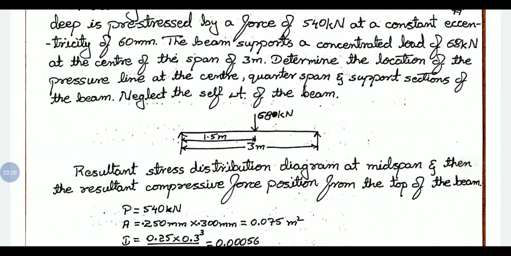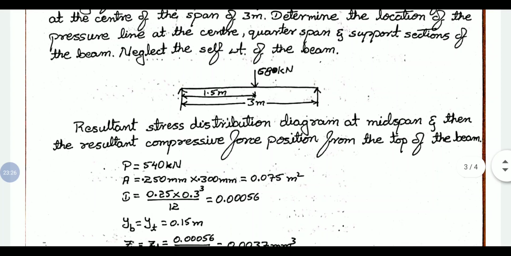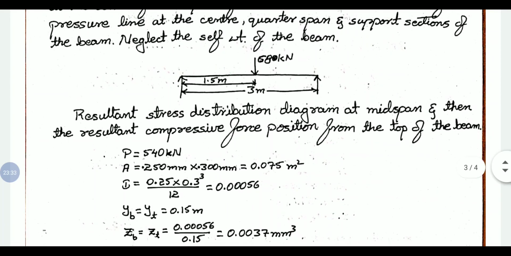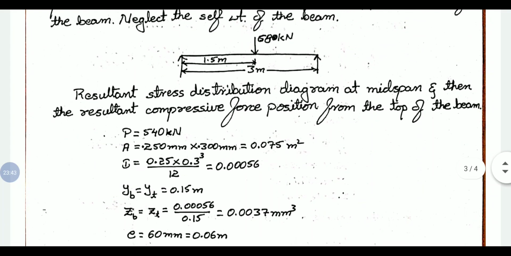In this problem I have solved with a different method, by considering the fiber stresses we have calculated here. So usually for calculation of fiber stresses we need the area of the member, moment of inertia, then centroidal distances, sectional modulus, everything we have calculated here.